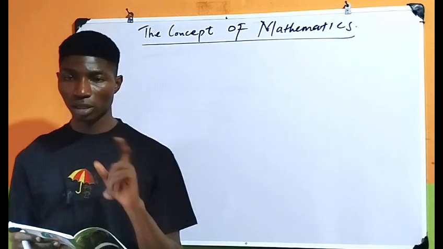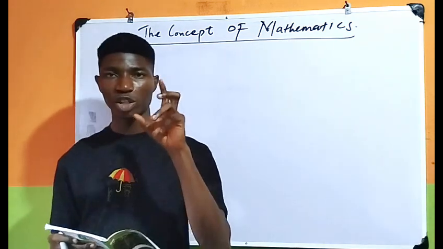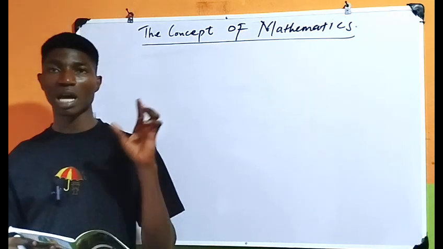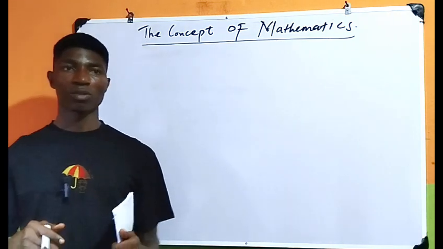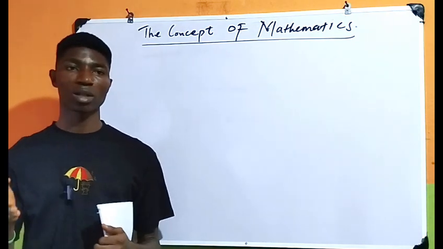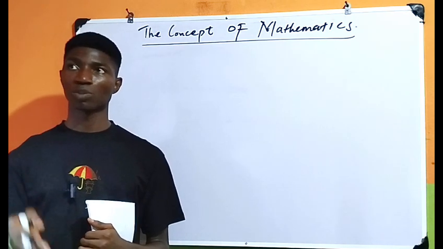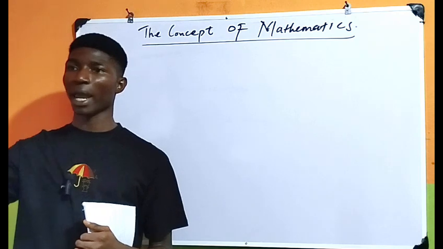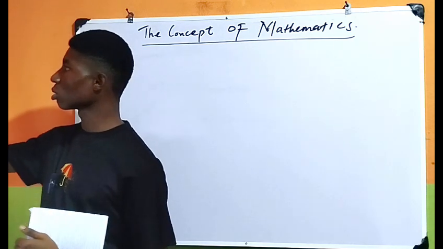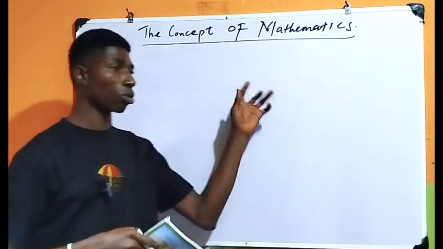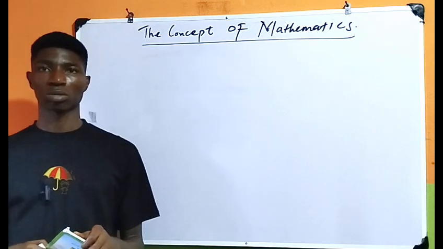Let me give you this instance of 3D diagrams, three-dimensional diagrams. For instance, we have spherical shapes. It is possible to draw a square on the board. You understand?